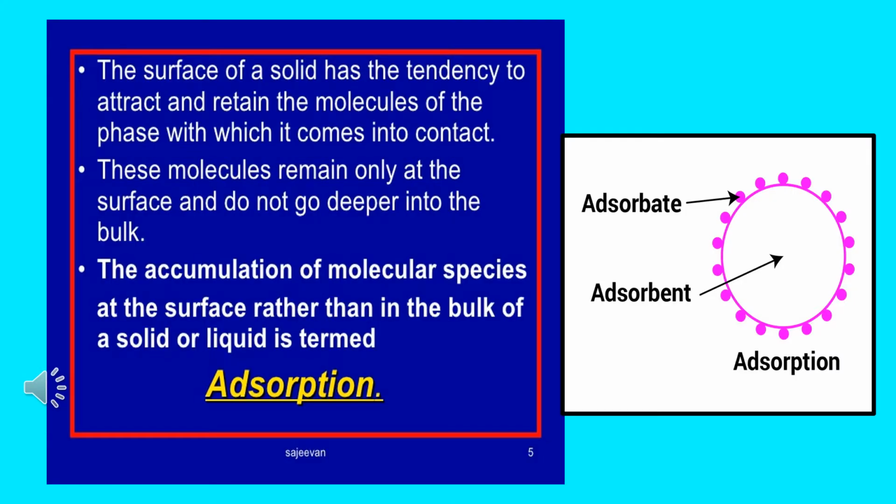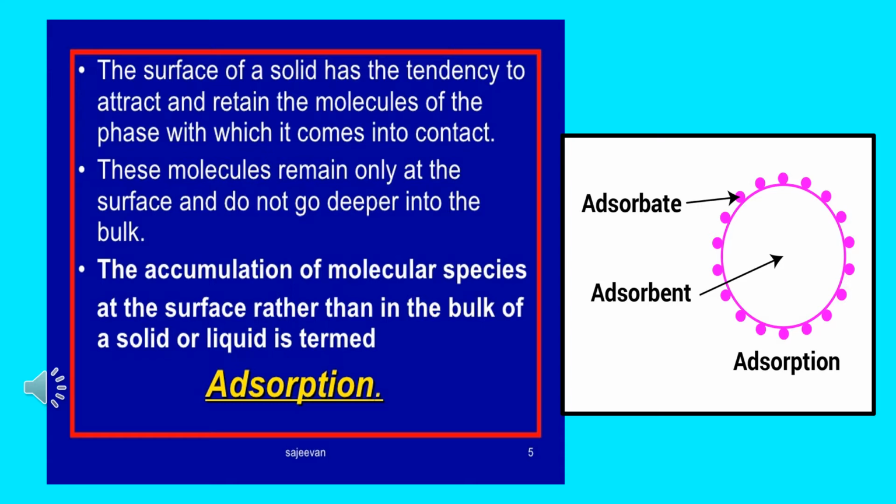The surface of a solid has a tendency to attract and retain the molecules of the phase with which it comes into contact. These molecules remain only at the surface and do not go deeper into the bulk. That is, due to the attractive forces, the surface has a tendency to retain the molecules on the surface.